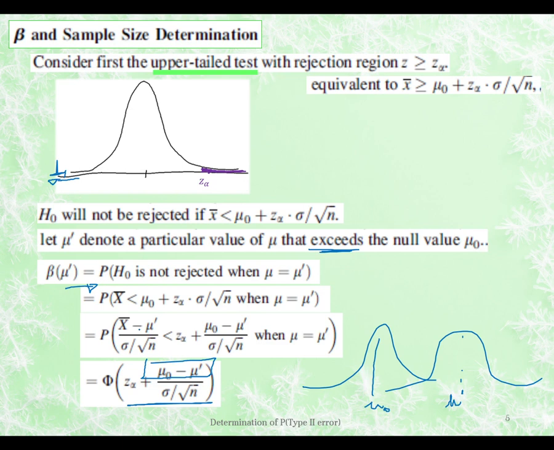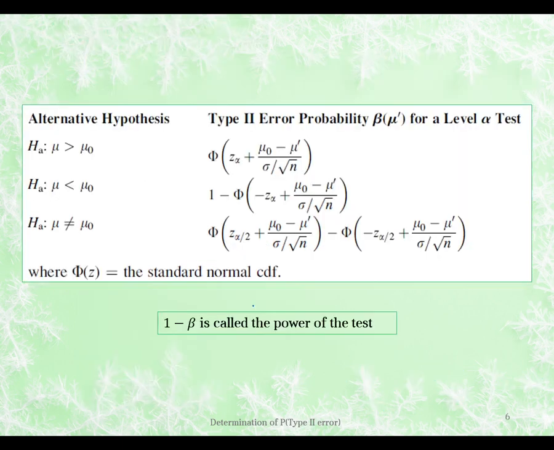So as we move the value of mu prime that we're interested in further away, there will be less chance of making a type 2 error. So go think about it, visualize the problem again, and make sure you're comfortable with this concept.